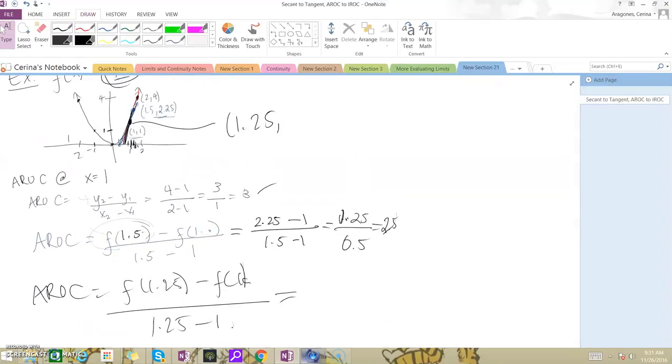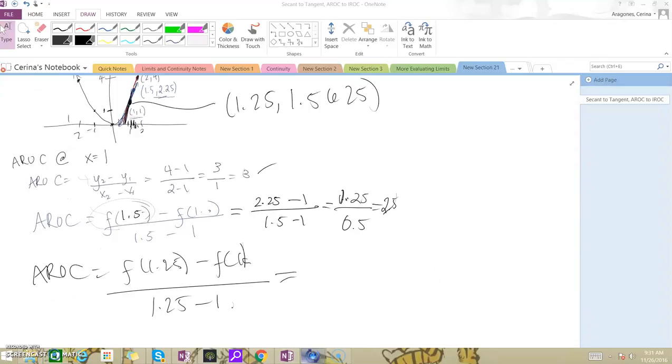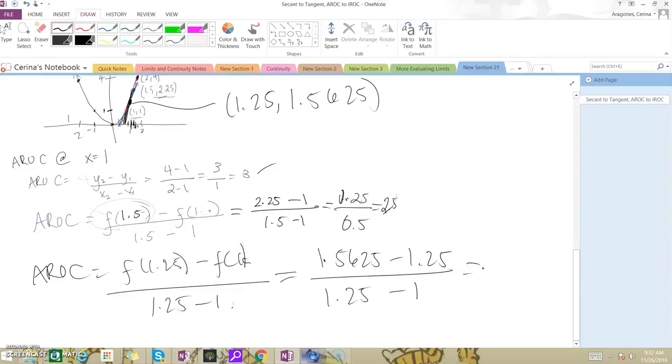So 1.25 squared happens to be 1.5625. So then we have 1.5625 minus 1 over 1.25 minus 1, which is equal to 2.25.